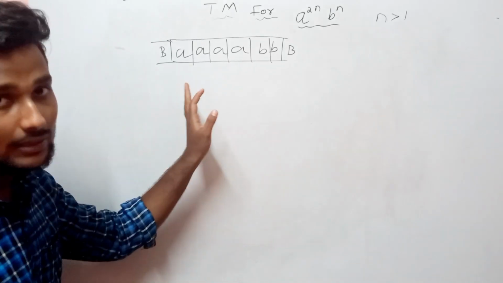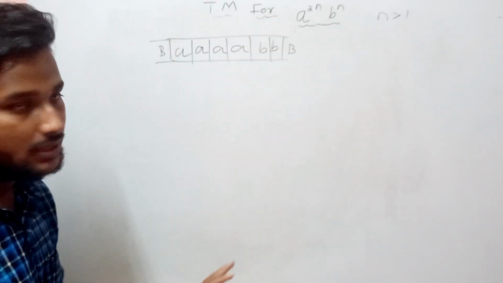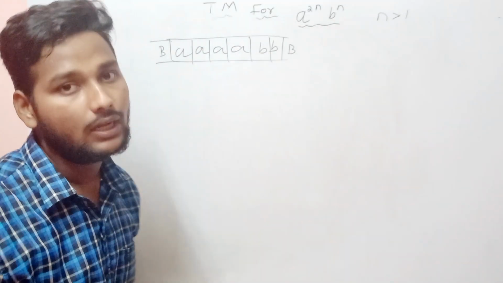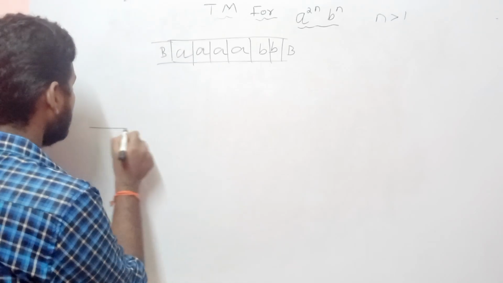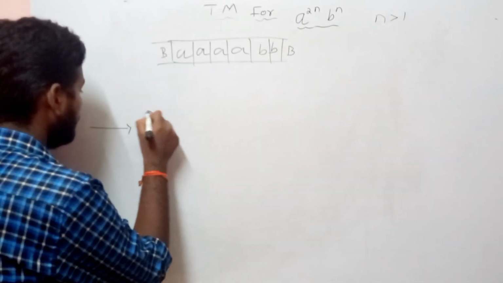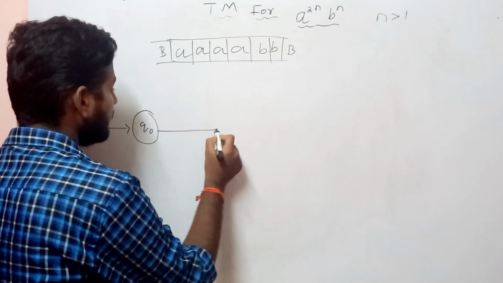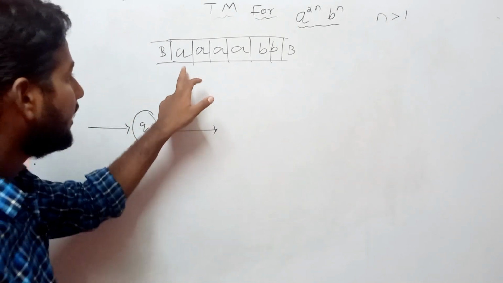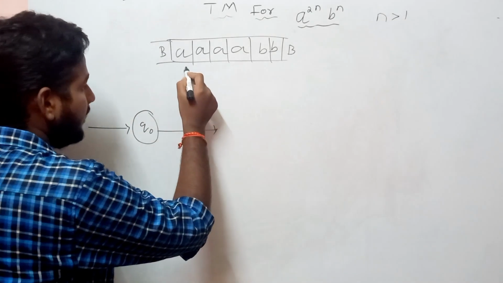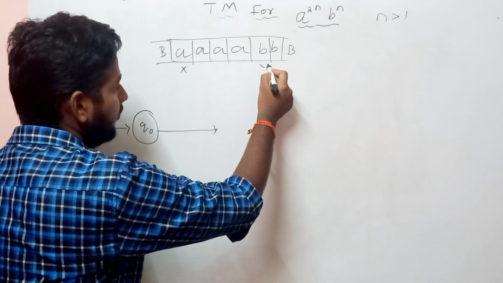Let us consider this example string, in the form of a power 2n and b power n. Here q0 is the initial state. For this we can replace a with x and b with y.